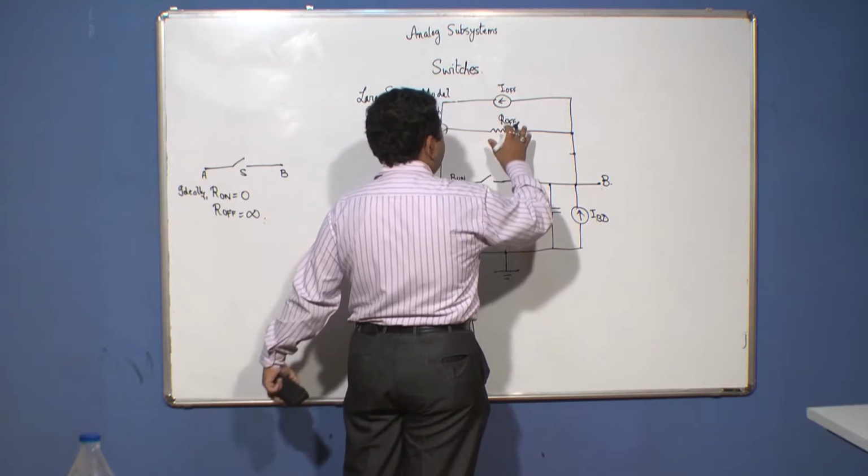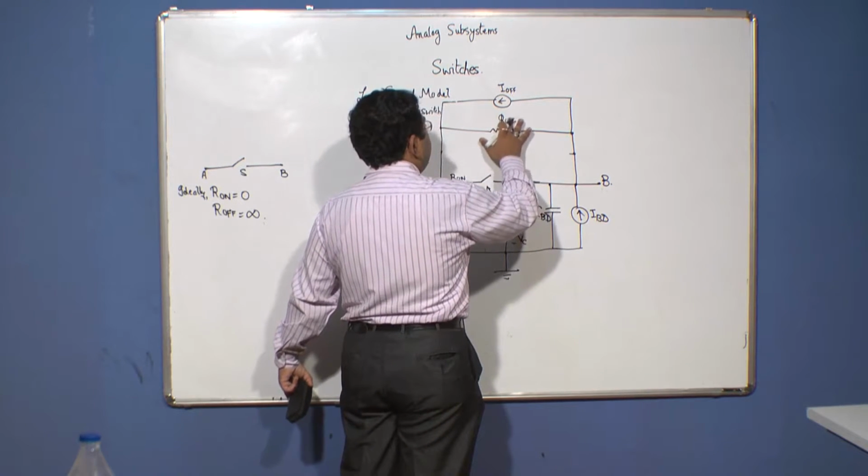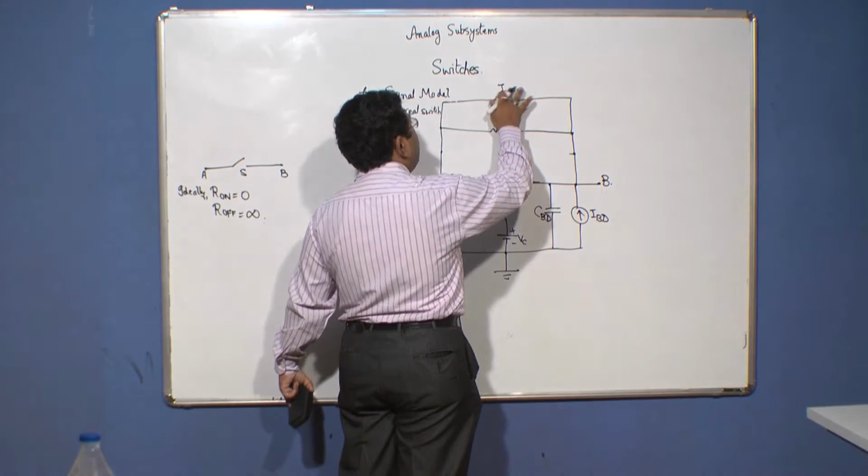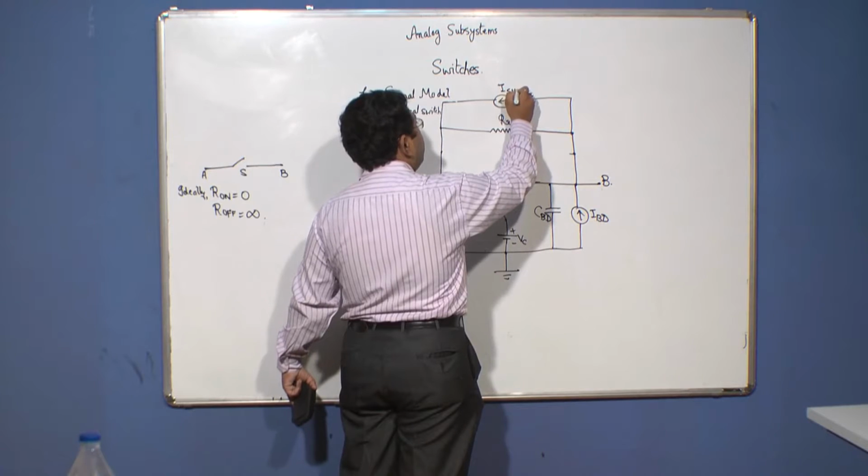So, this R off basically refers to the subthreshold leakage resistance, and I off refers to the subthreshold leakage current.